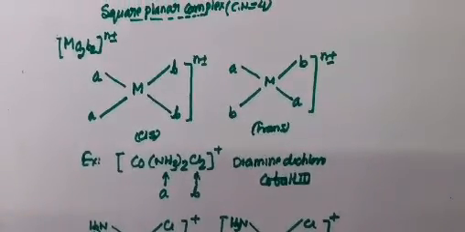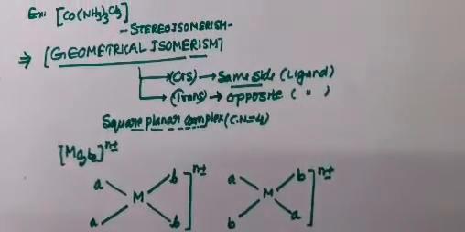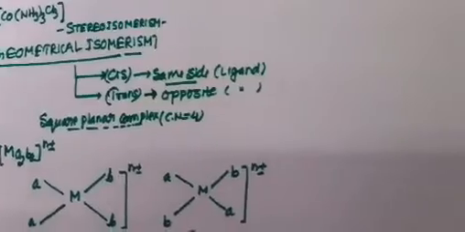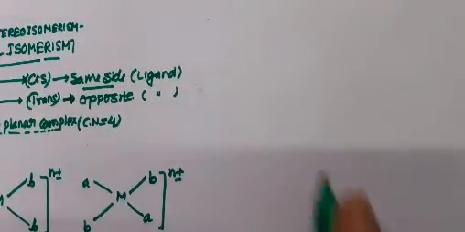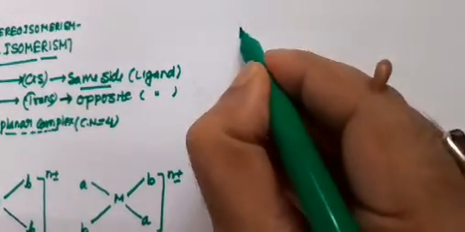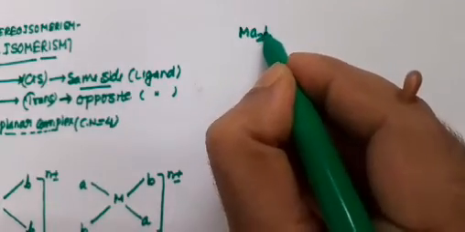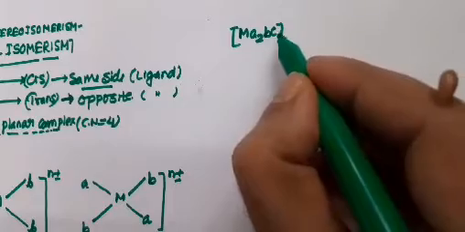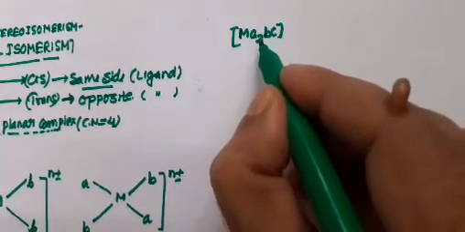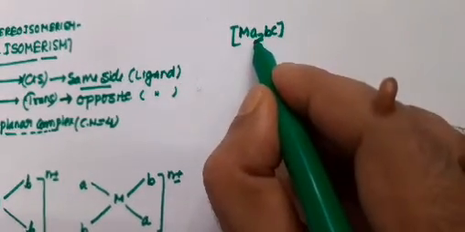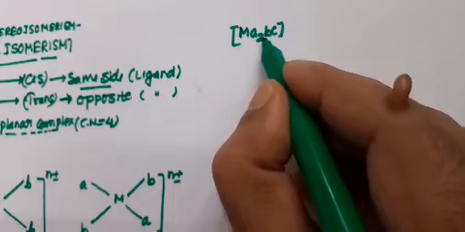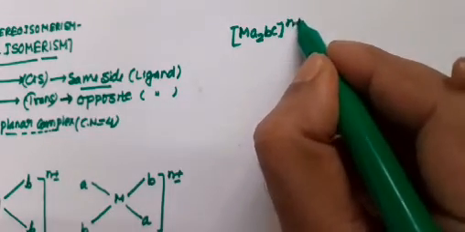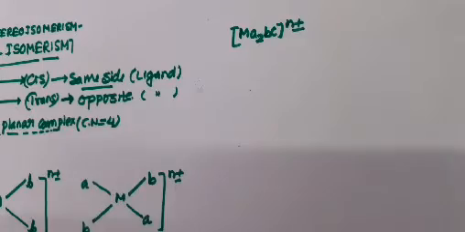Let's move on to another example. This is the MA2BC type. Here we have taken three different ligands, in which two are identical, A, B and C, and this is the unit of charge.